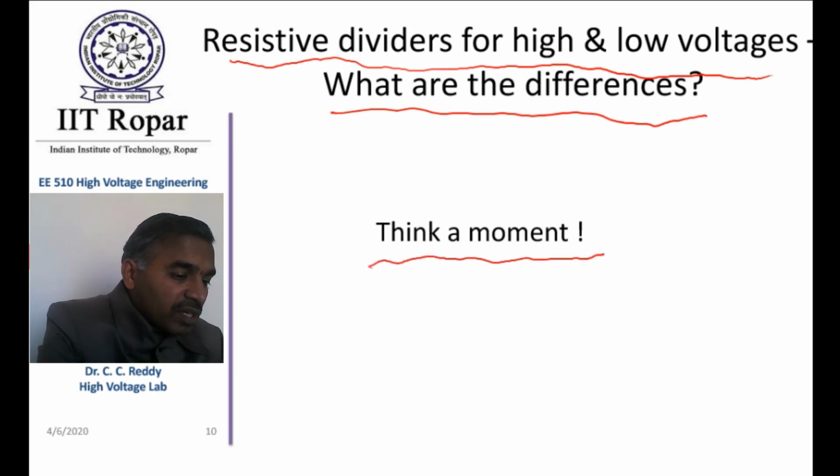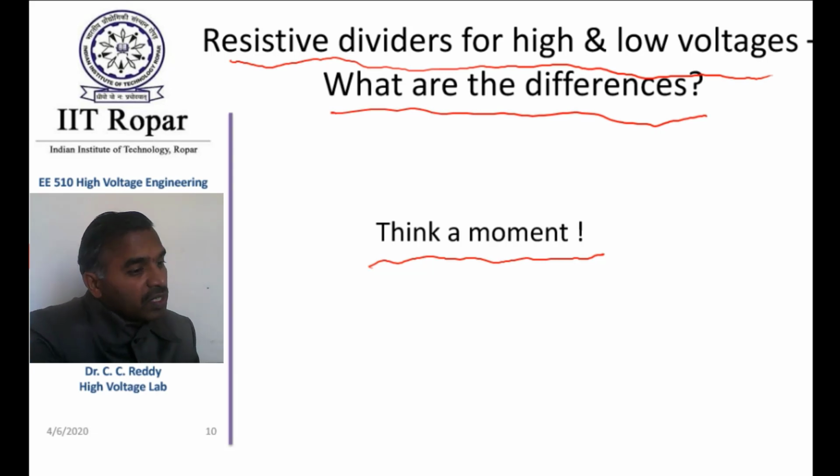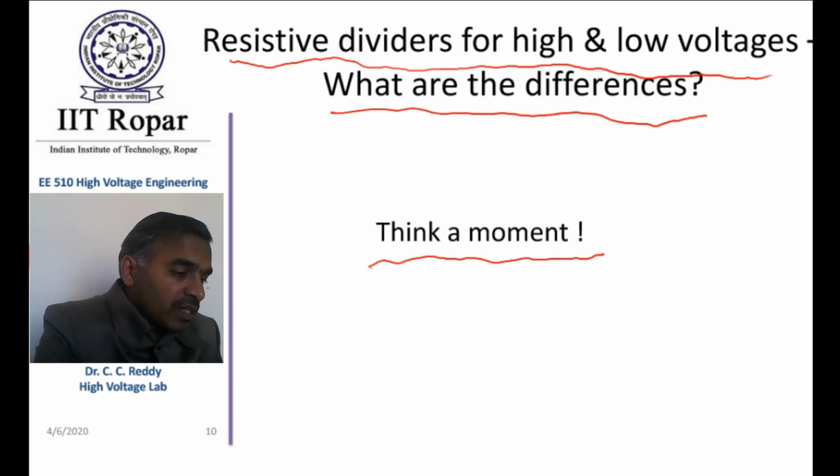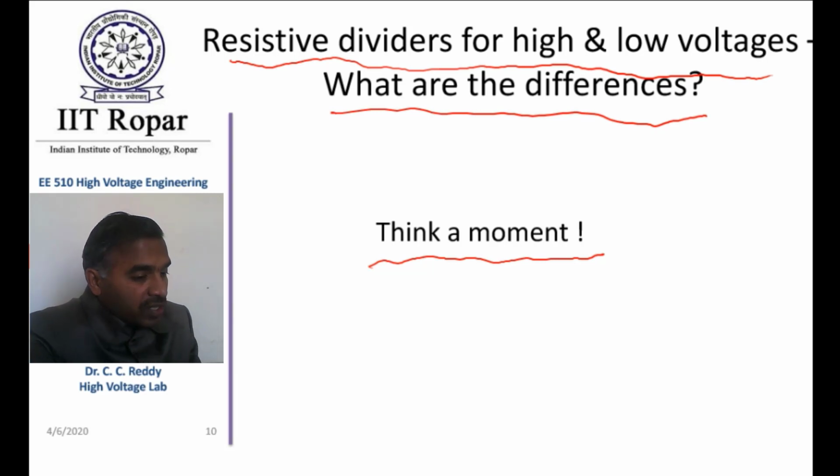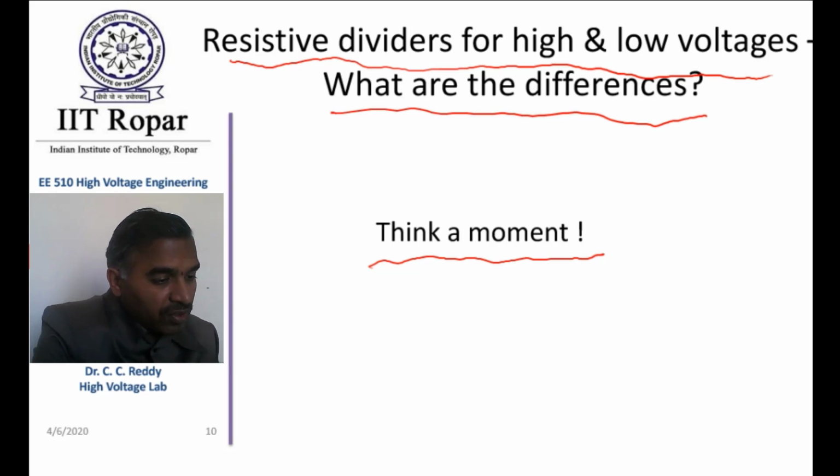So think a moment, what could be the differences? Differences should be related to higher and higher voltages, right? So what are the effects at high voltages, and how to address them, and what changes will that cause in either the construction or anything else, and the performance or design of the resistive dividers for higher voltages.